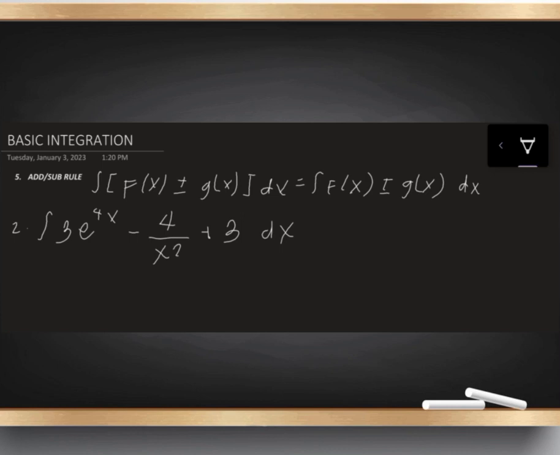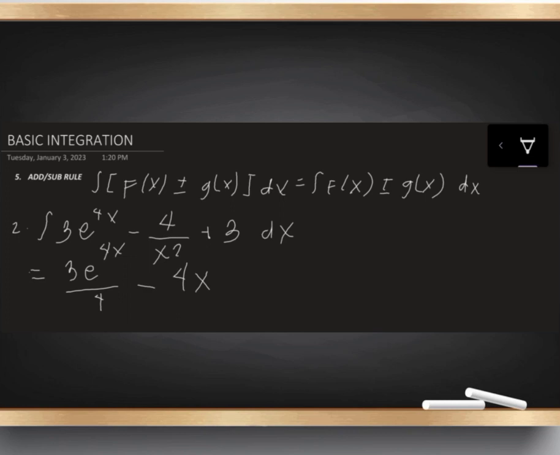So let us try. So this will give us 3e raised to 4x over 4 minus 4x. Since x is in the denominator, we will have the negative exponent in the x, so it will give us negative 2.